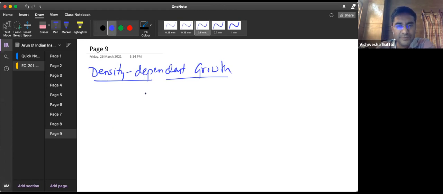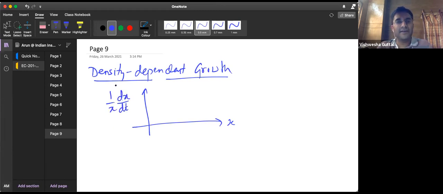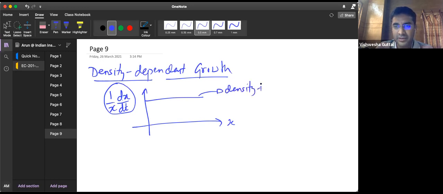To do this, always plot per capita growth rate, because the density dependence is defined for the per capita growth rate. That means, what is the individual growth as a function of population size? If this is a constant, we have density independent growth.